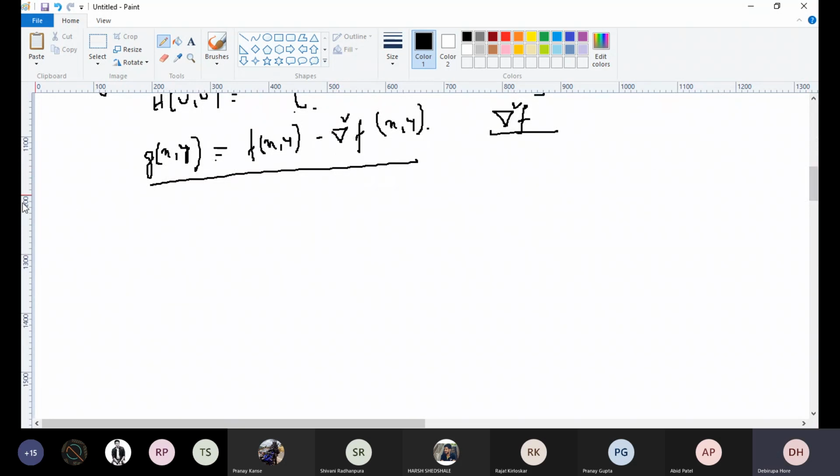Then the next one is high boost filtering. This has been done in the spatial domain also. Only we are defining it again in the frequency domain. So the high boost filtering or the unsharp masking.